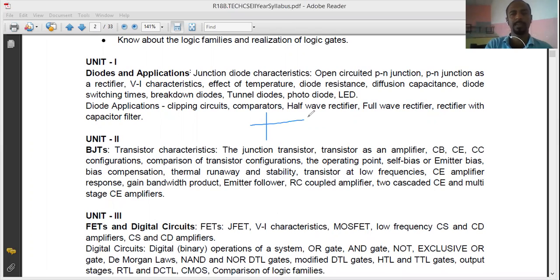The x-axis represents the voltage and the y-axis represents the current. If you draw starting from 0, so this is the 0 point, and you see that as I increase the voltage, the current will slowly increase, and then at one point it will start increasing very high. So we say that the diode is on.